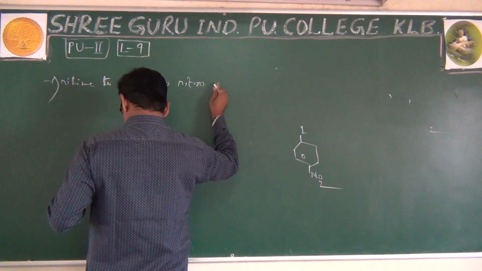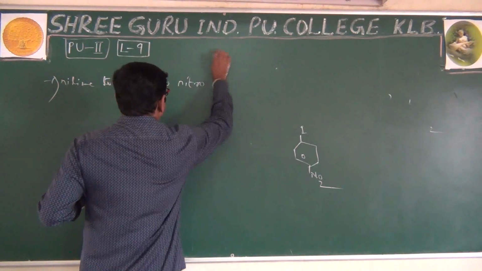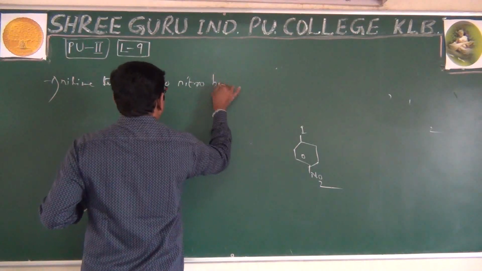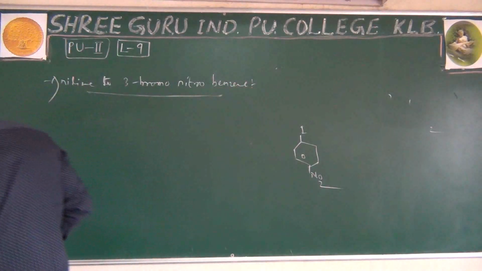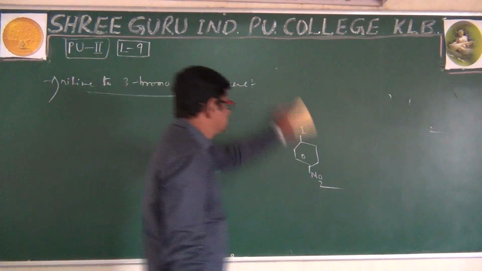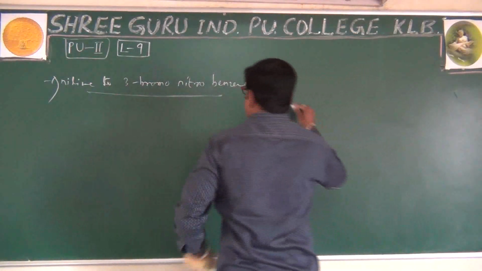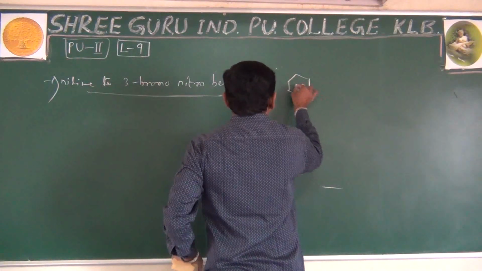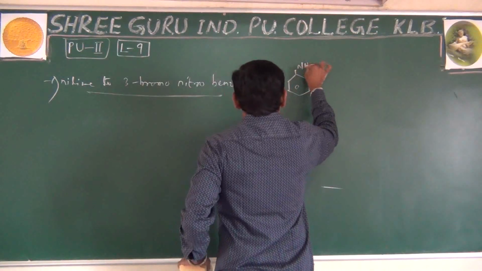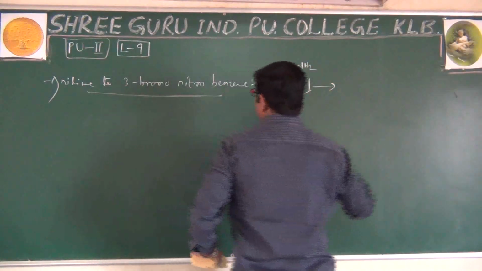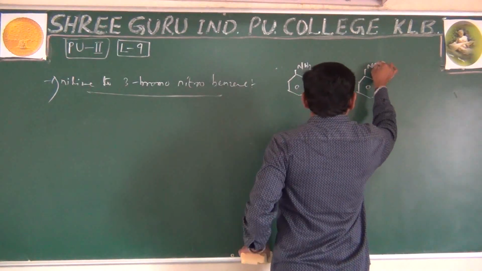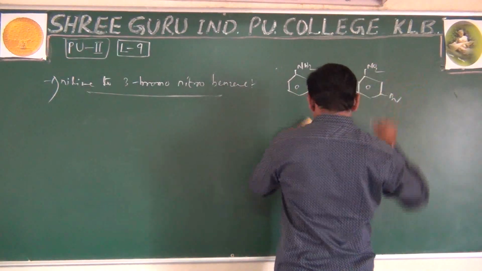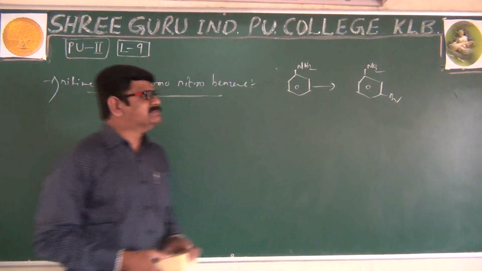Aniline to 3-bromo-nitrobenzene. That's it. First we will write its structures. Aniline, normal aniline, is converted to 3-bromo-nitrobenzene. How is it possible? Let's see now.